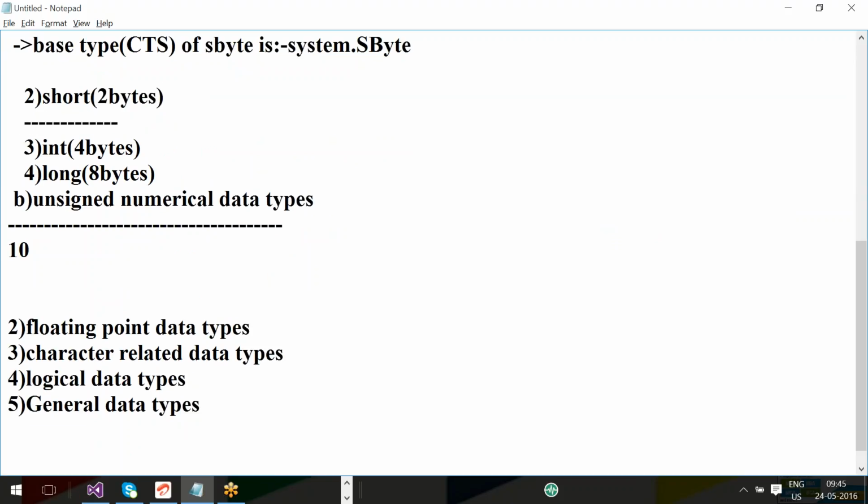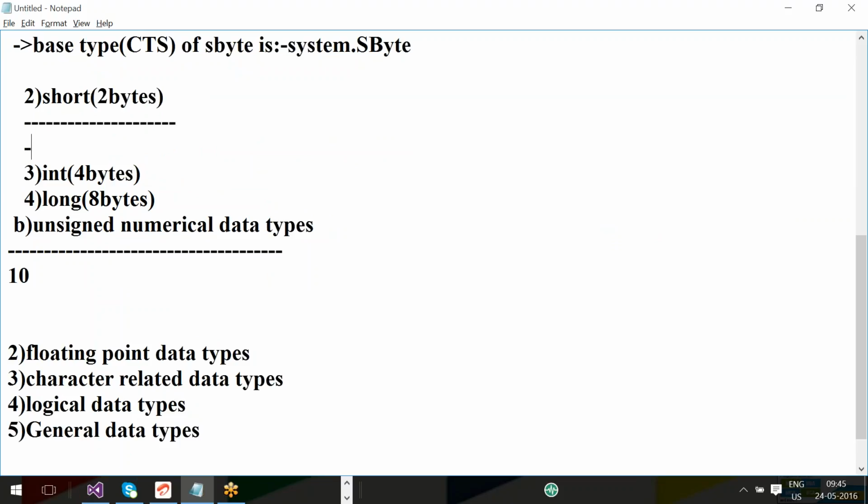Short, yes. Short's predefined size is 2 bytes. When you create a short variable, it will allocate 2 bytes of memory. 2 into 8 means how many? 16 bits of memory, signed integers.